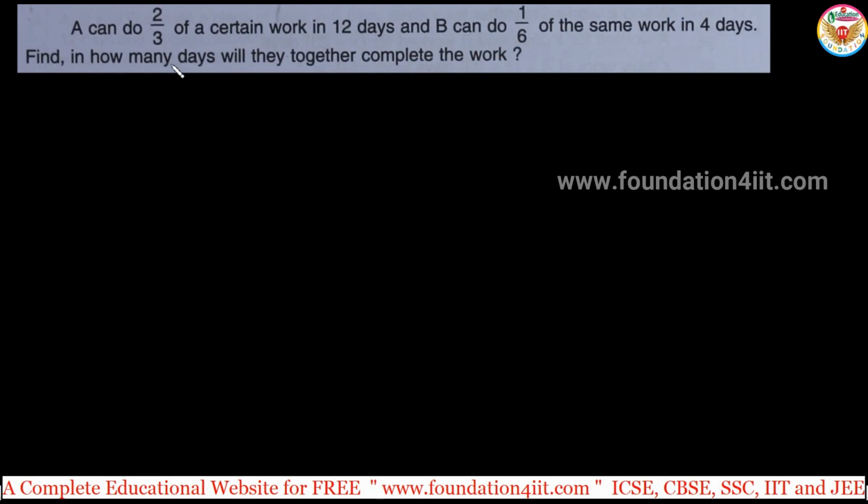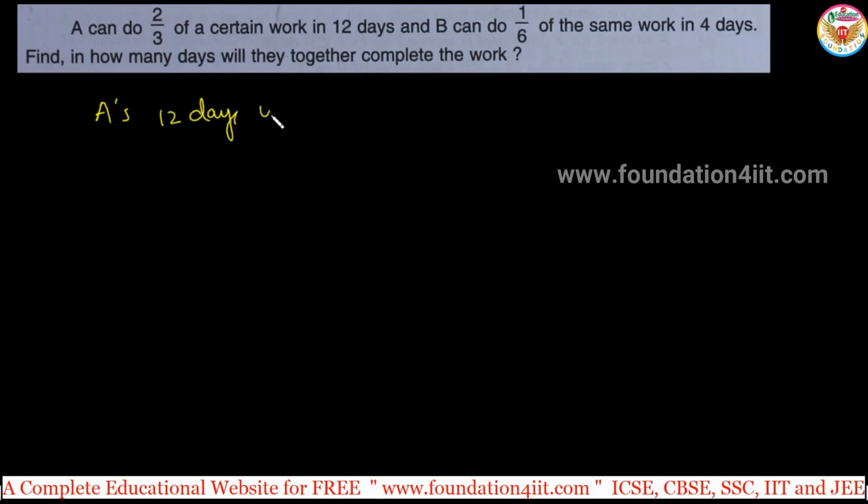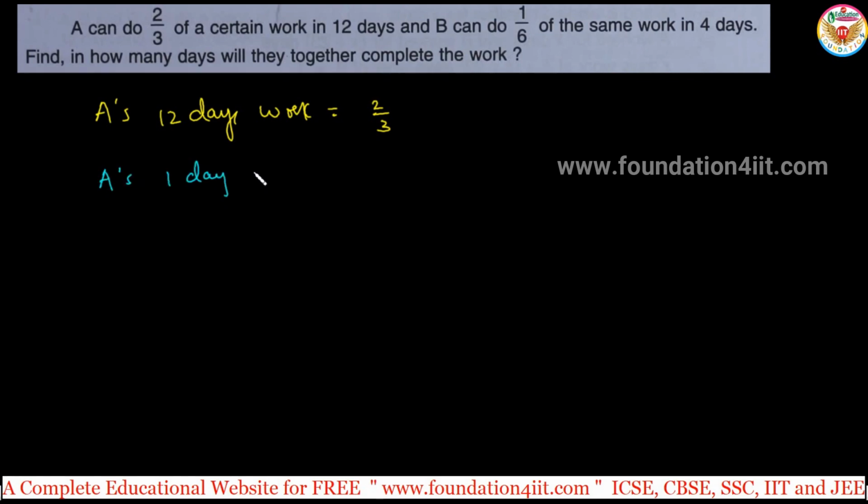Since A's 12 days work capacity is given, A's 12 days work is equal to 2 by 3, right? That means we can find A's 1 day work. In 12 days he can do 2/3, so for 1 day, we take 12 days' work divided by the number of days.